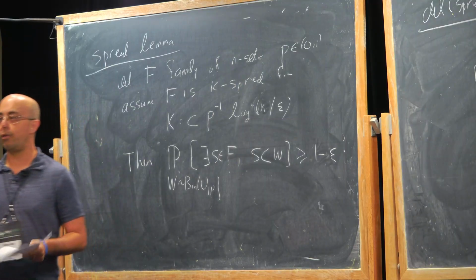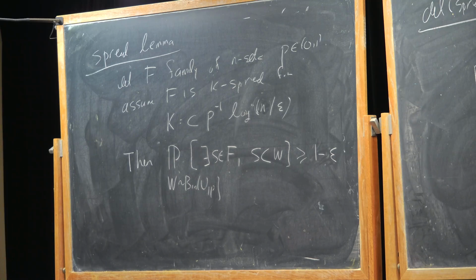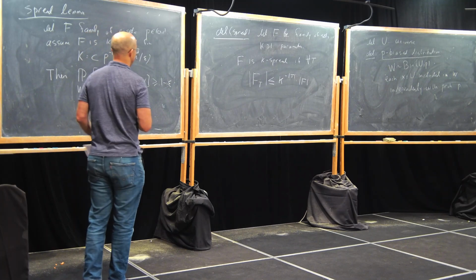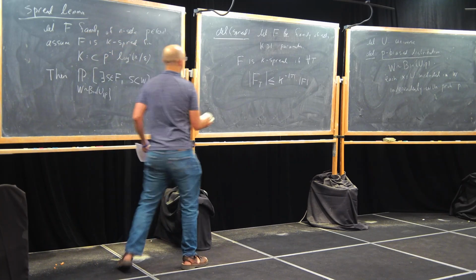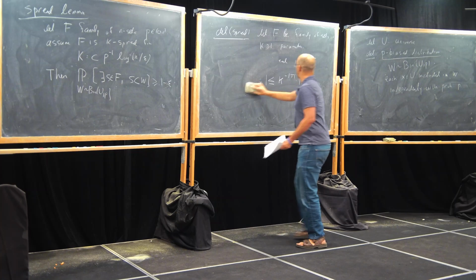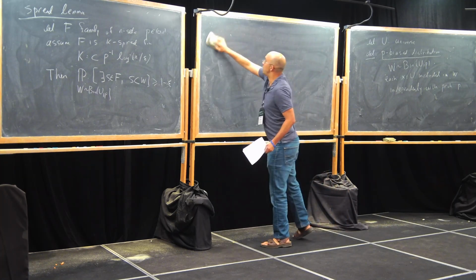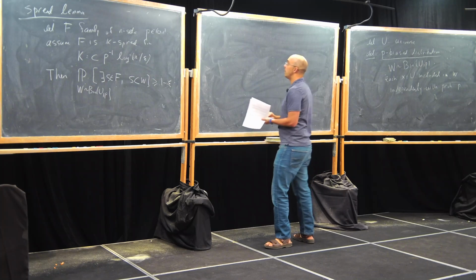Think of the sets in your family as being pretty small, of size n, and the universe is very large. Let me get some intuition before we see more technical details.